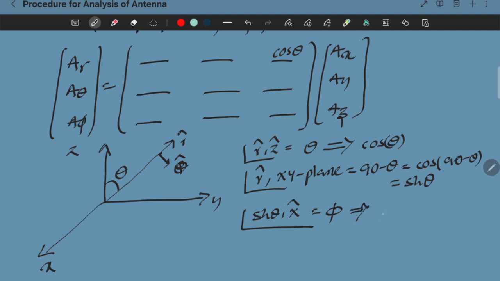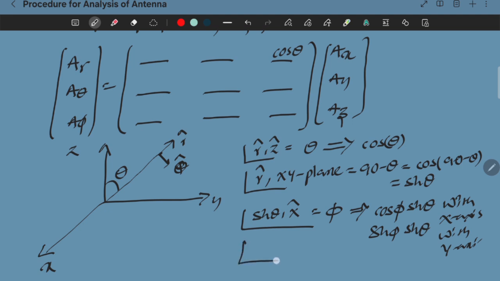So what will you get? Because the angle is phi, the projection is cos phi into sin theta with the x axis. With the y axis it means sin phi sin theta, because the sin theta is making an angle with the y axis of 90 minus phi.